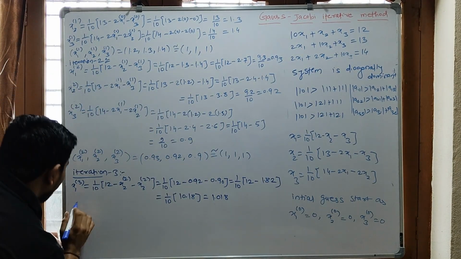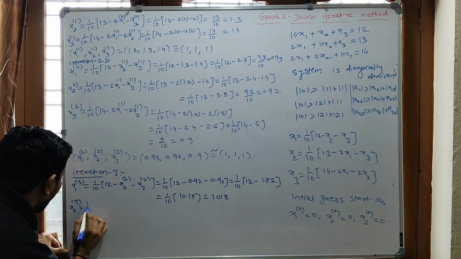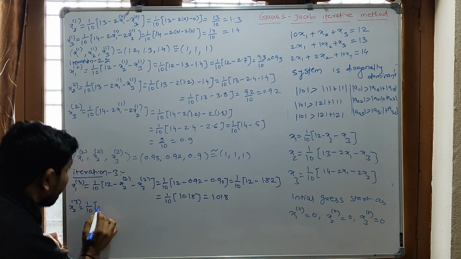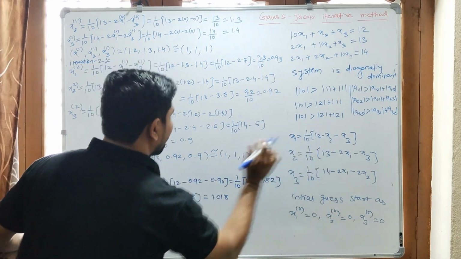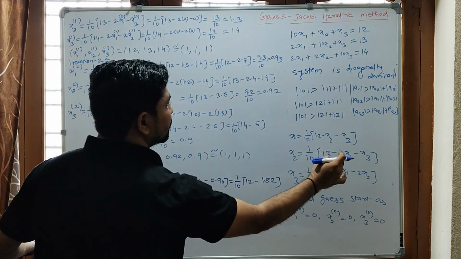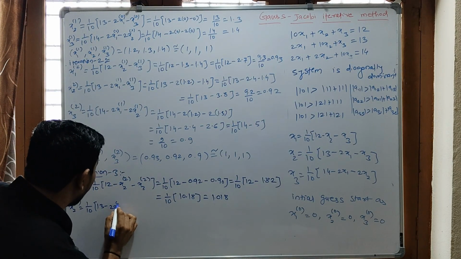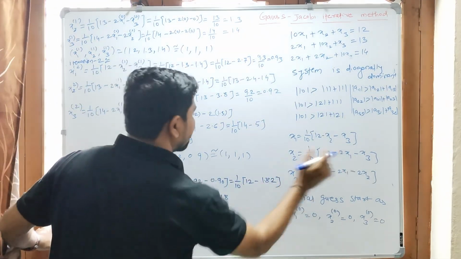Now calculate x2 at 3, which is equal to 1 by 10 times 13 minus 2 times x1 at 2 minus x3 at 2.